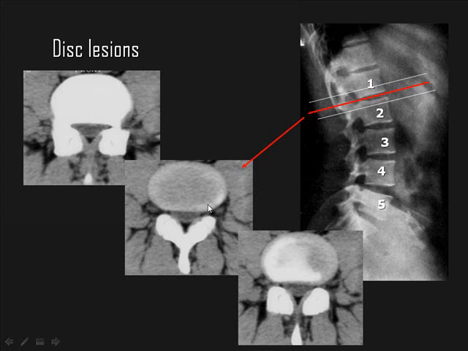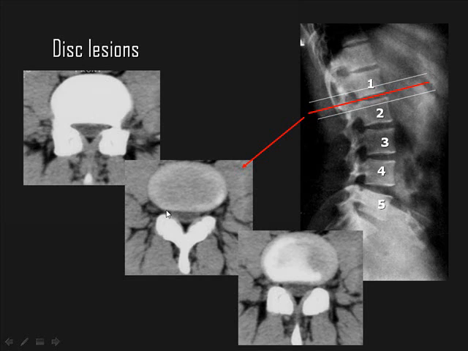Then you go to the soft tissue window images, you go to the level inside the disc, then you look to the posterior border of the disc. Normally, the posterior border of the disc should be concave. And if you see a disc with a straight border or convex border, this is an abnormal disc.